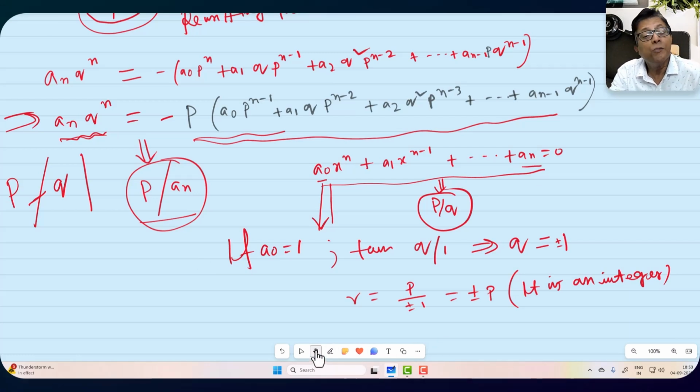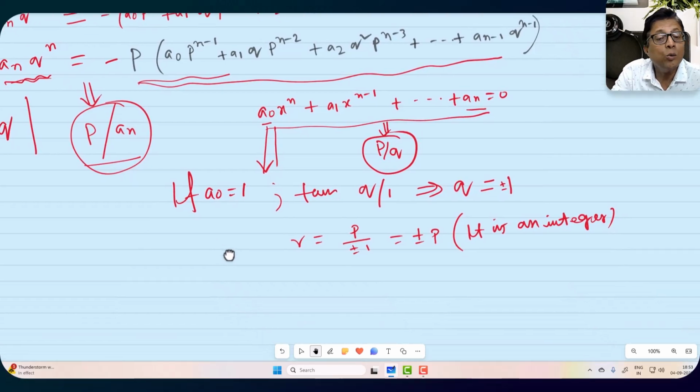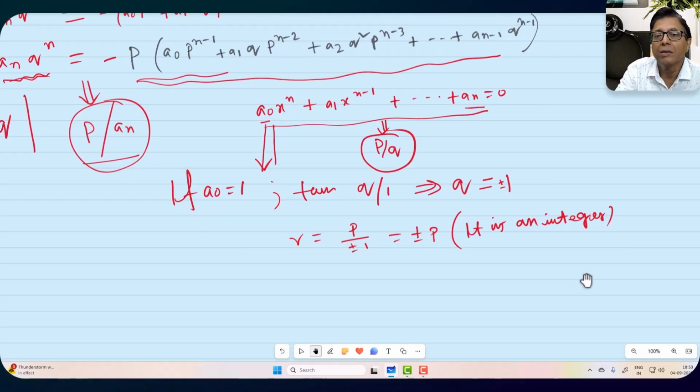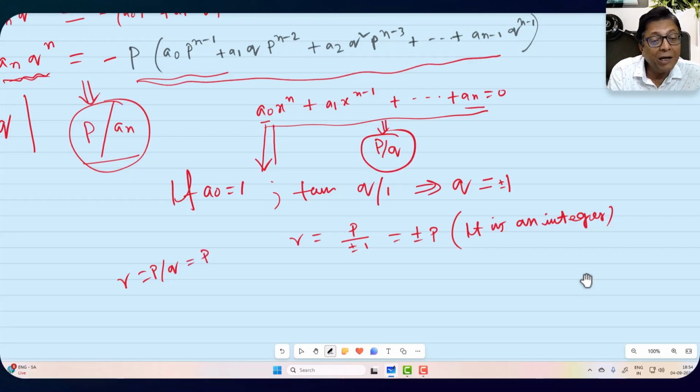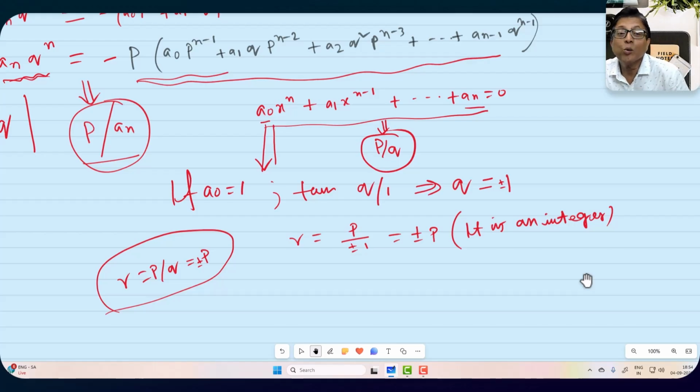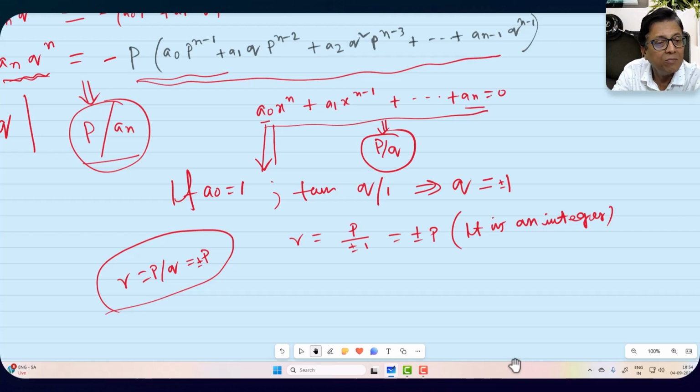If you find that A0 is 1, then r equal to p by q, that is p by 1 or p by plus minus 1, is going to be an integer root. So for a rational root, those conditions that Q divides A0 and P divides An are to be maintained.